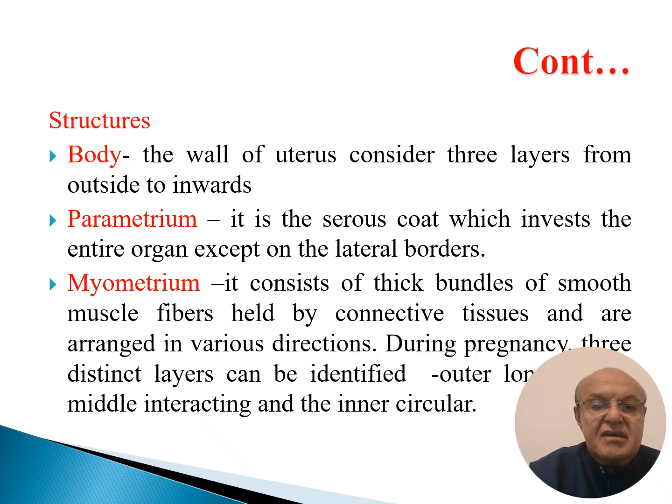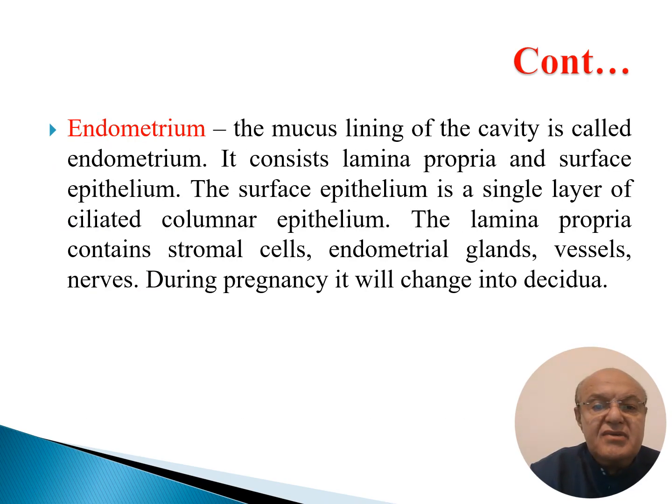We said that the perimetrium is the peritoneal cover of the uterus and cervix, and the myometrium is the muscle layer, and the endometrium is the mucous lining of the cavity. It consists of lamina propria and surface epithelium.